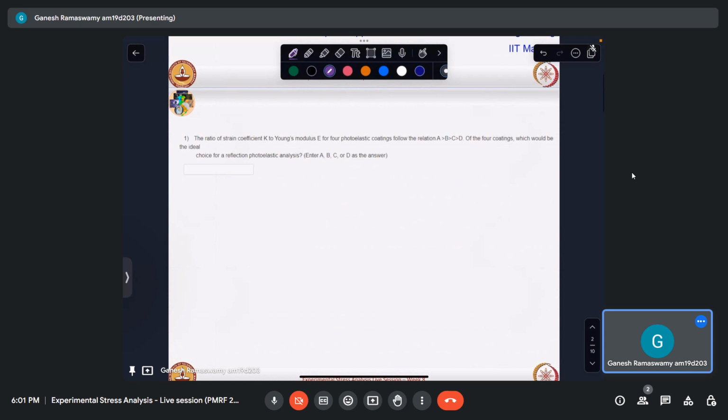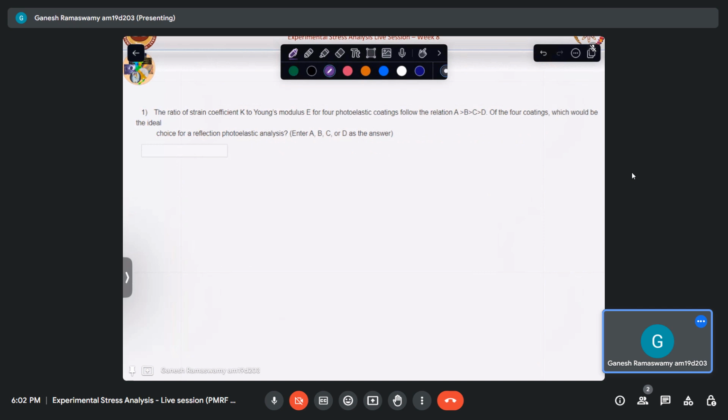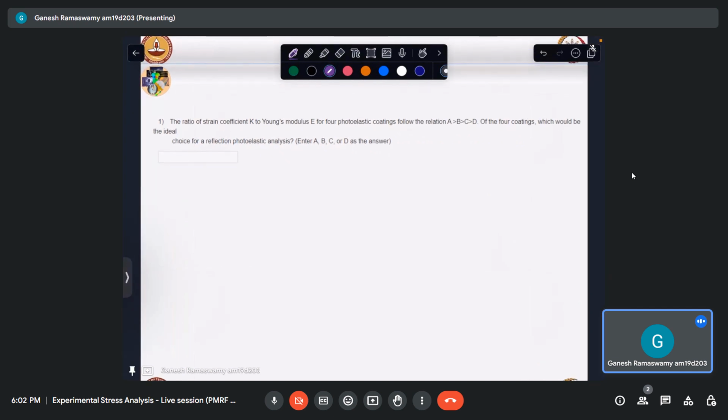So the first question says: the ratio of the strain coefficient K to Young's modulus E for four photoelastic coatings follows the relation A greater than B greater than C greater than D. Out of the four coatings, which one would be an ideal choice for reflective photoelastic analysis is what we have been asked.